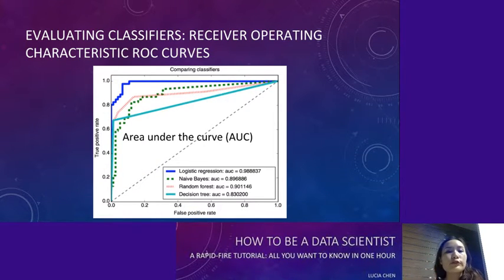The best curve should look like this, with a sharp angle at the corner. A standard way to score the curve, to see whether the curve is good or not, is to calculate the area under the curve. A good classifier will almost fill the square and have an AUC, area under the curve, of near 1.